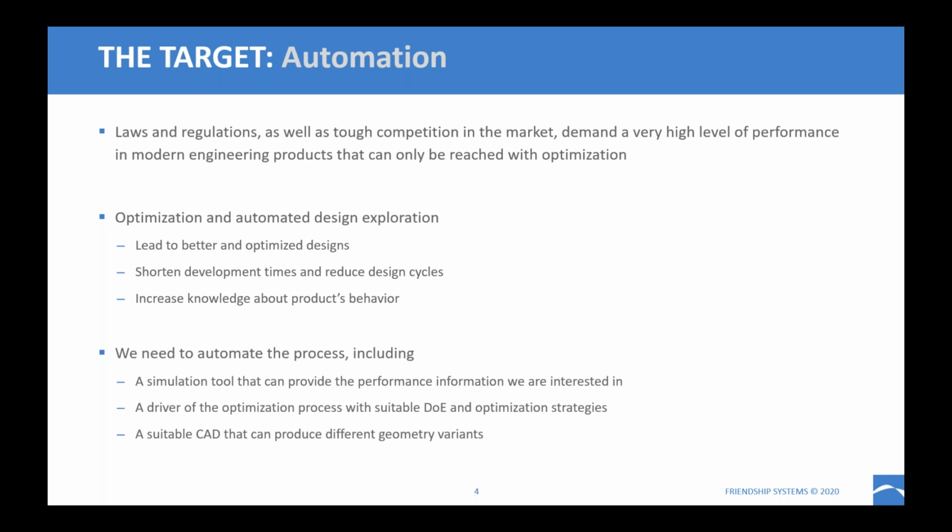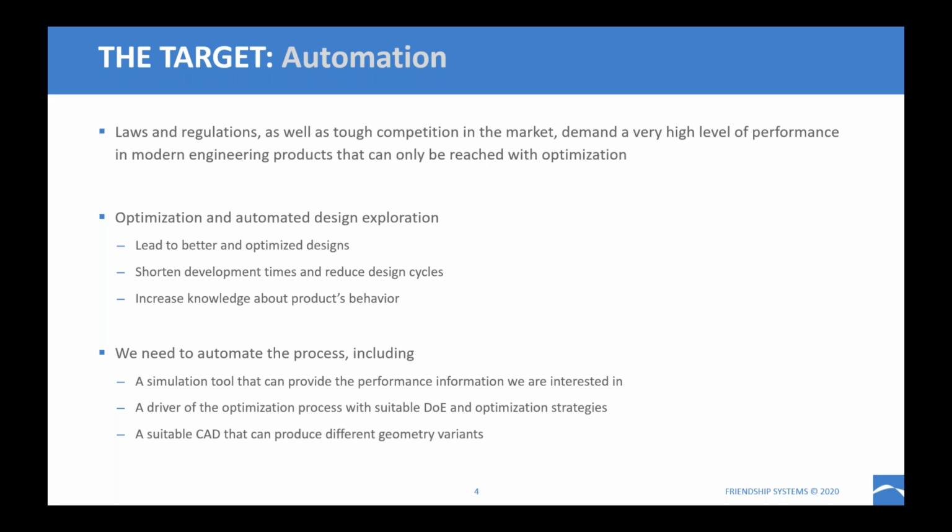If we want to automate such a design process, we typically need a set of tools to fulfill different roles. First of all, we need a simulation tool, or several simulation tools, that can provide the performance information we're interested in. This gives us feedback on how our design is performing.